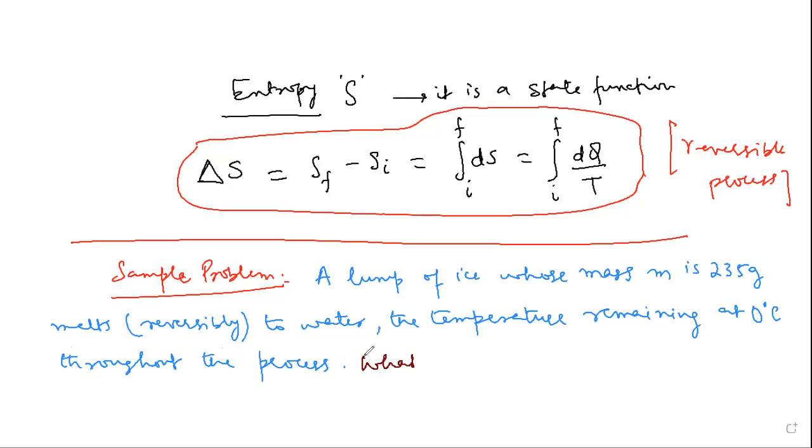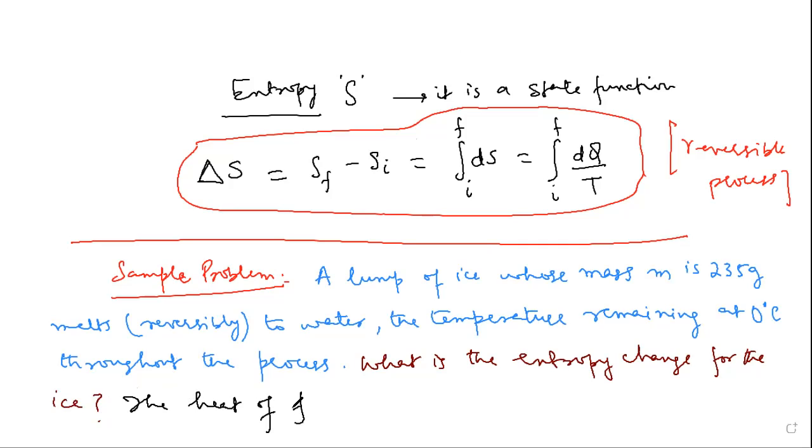What is the entropy change for the ice? The heat of fusion of ice is 333 kilojoule per kg.